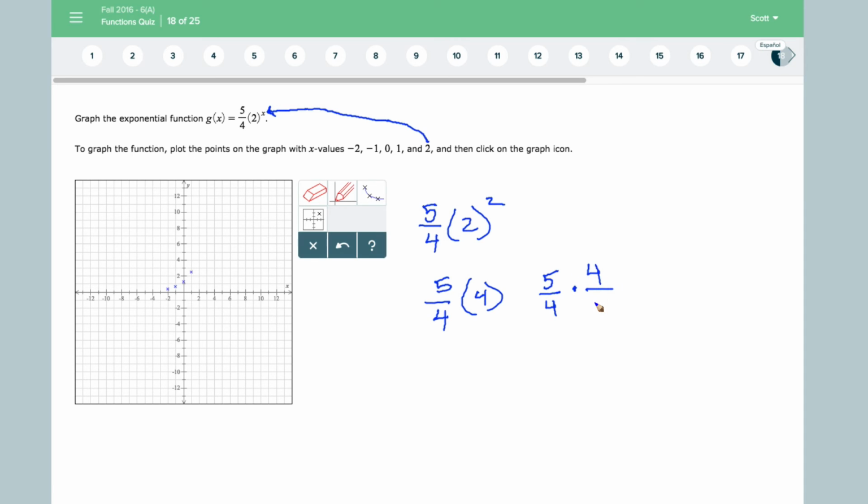We'll just put it over 1 to make it easier on ourselves. What's 5 times 4? That's 20. And what's 4 times 1? That would be 4. 20 divided by 4 is 5. So I know that when I plug in a 2, I get 5. Okay, all of my points are plotted, so I'm going to draw the line.